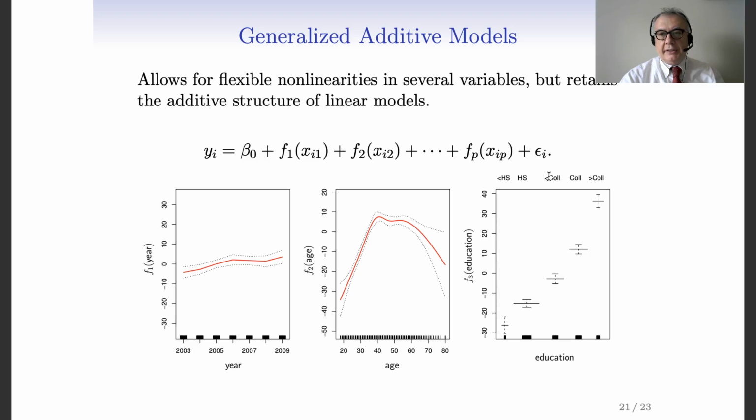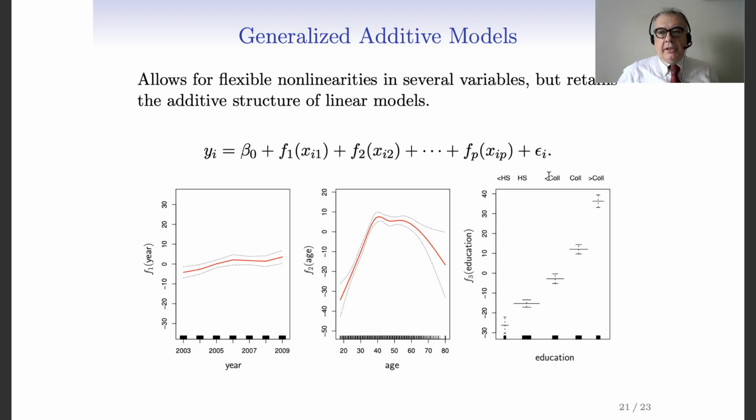On the other hand, we have said that reality, the real world, is almost never linear, and therefore we need some more flexible methods, and therefore we introduced polynomial regression, cubic splines, regression and smoothing splines, and also the lowess regression model.